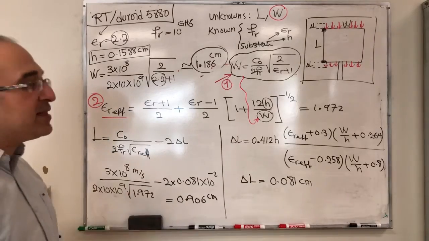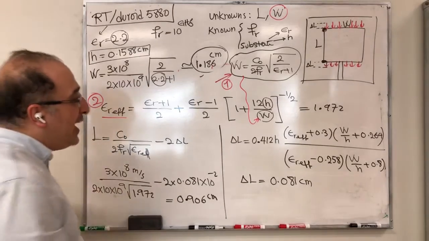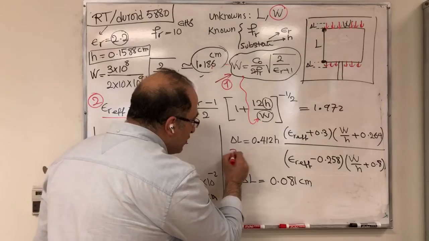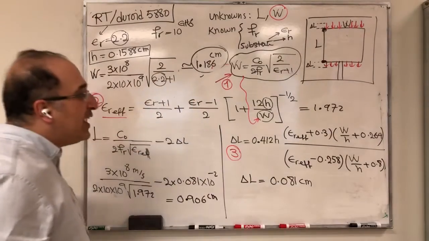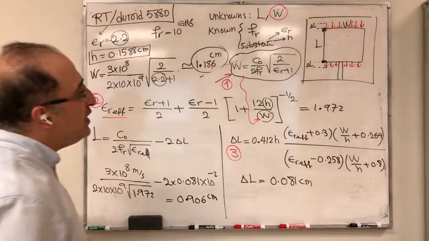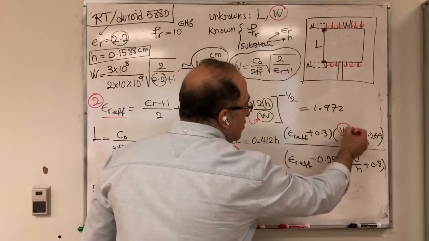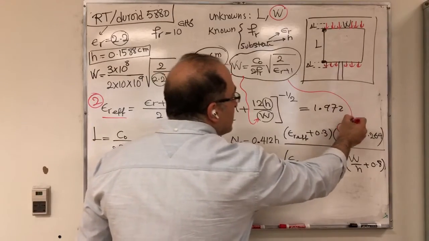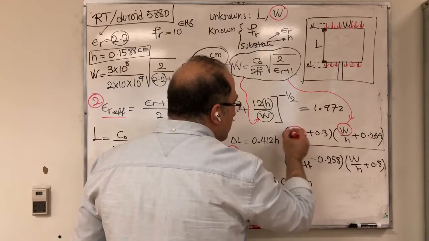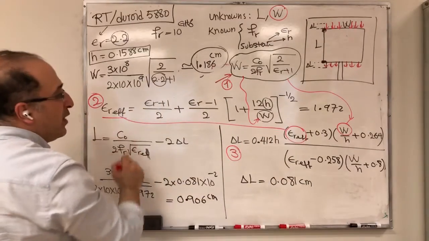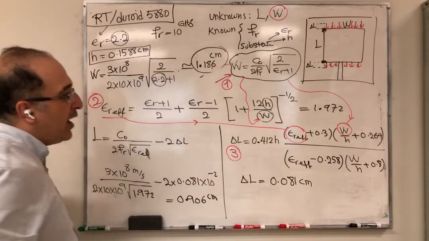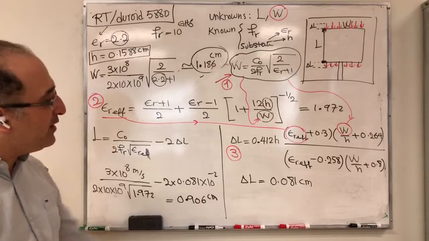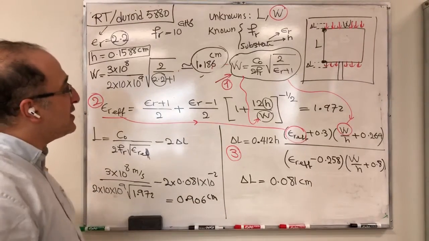Now, the third step, you go and find the extension of the length. So this is step 3. For the extension of the length, you need to know your W, which you found in the first step, and you need to know your epsilon_r effective that you found in the second step. And then you have everything, you can find the extension of length. So that's your step 3.